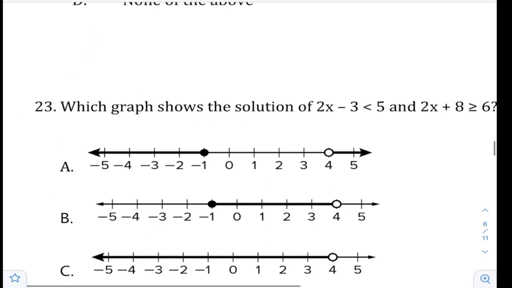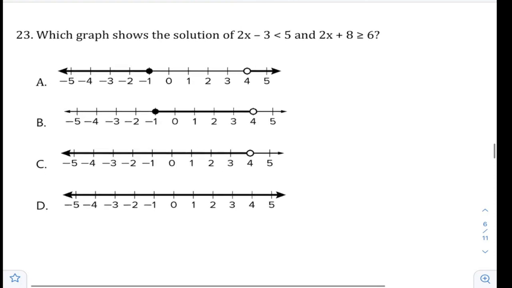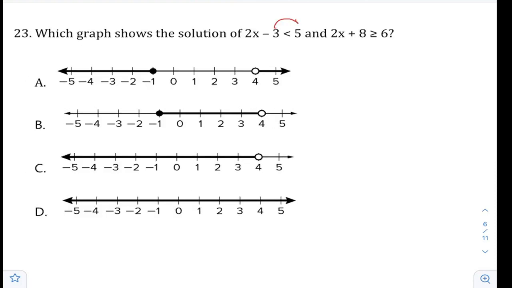Next, which graph shows the solution of the inequalities? This is the first inequality. And the second one, 6 minus 8 is -2. If you divide, so x is more than or equal to -1.